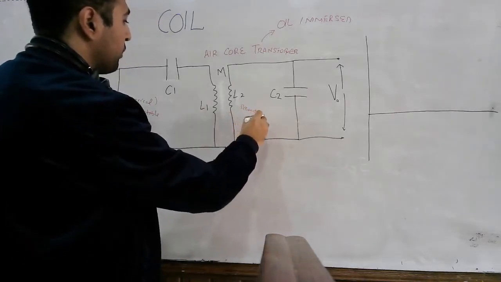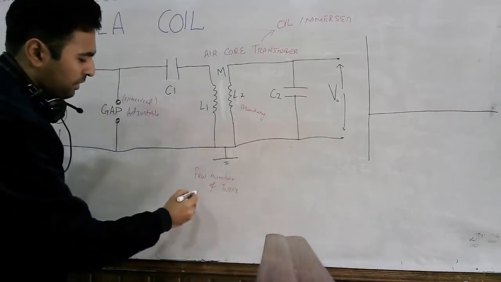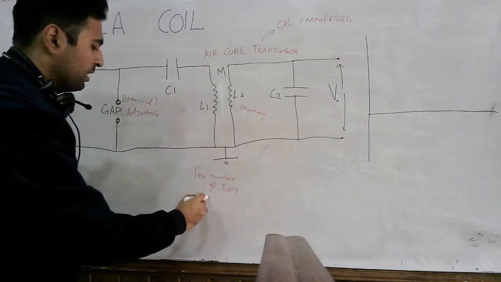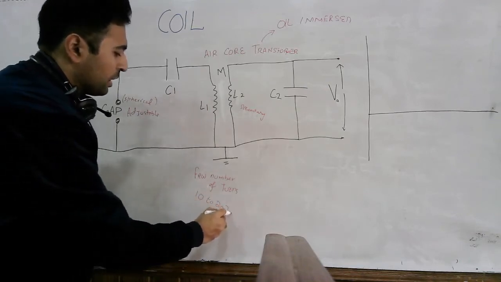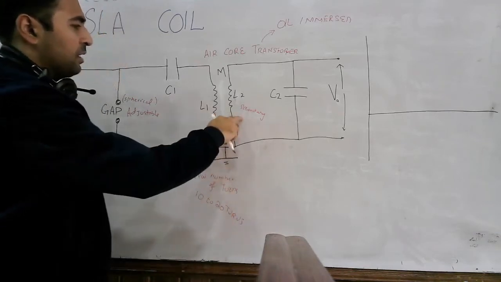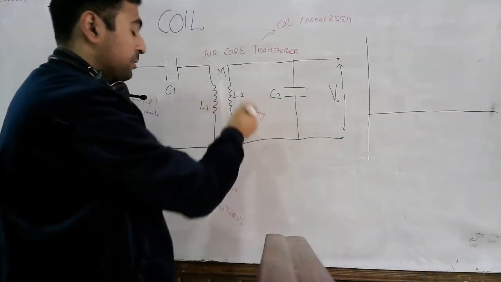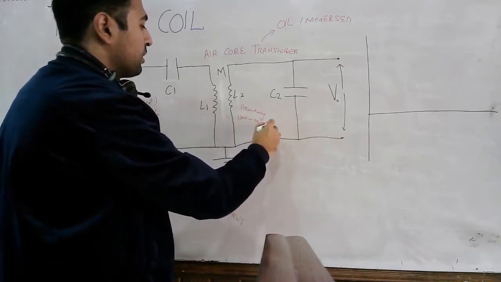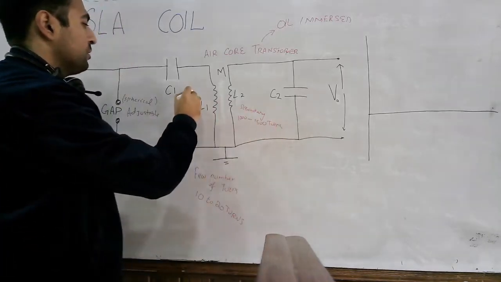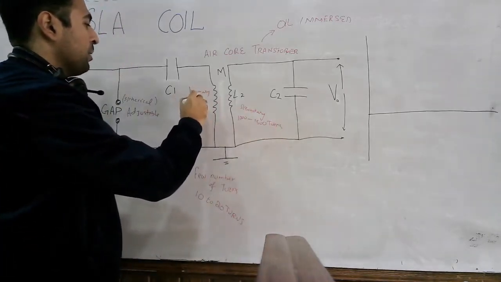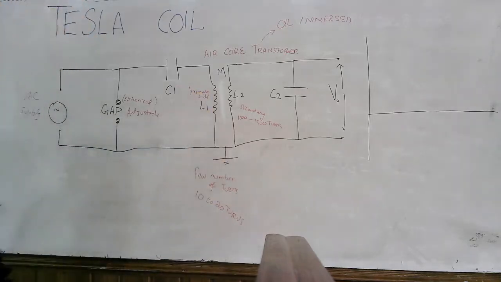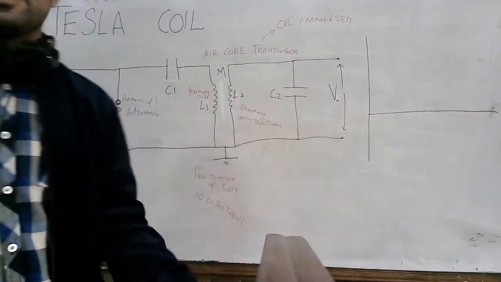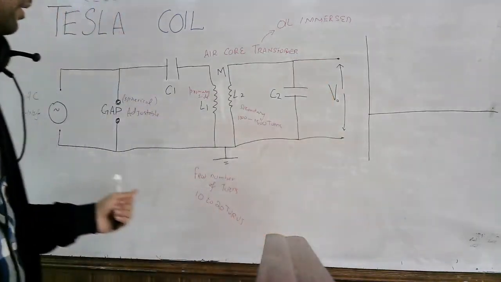Normally L1, this winding, comprises around 10 to 20 turns only, and this inductor has around 1000 to 1500 turns on the secondary side, and this is the primary side. And now let us first observe the output voltage waveform, and then we will discuss how this circuit actually works.